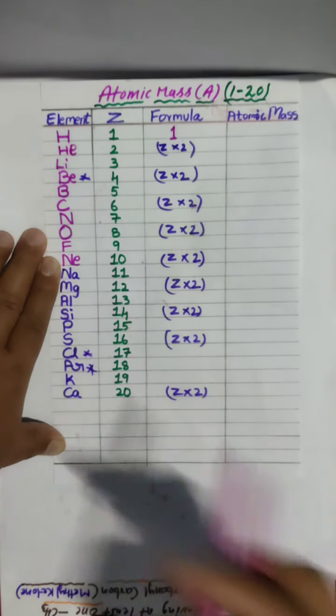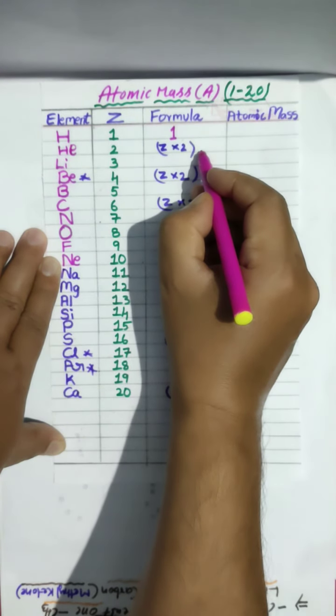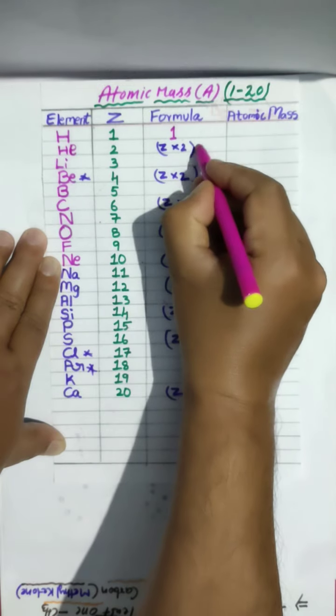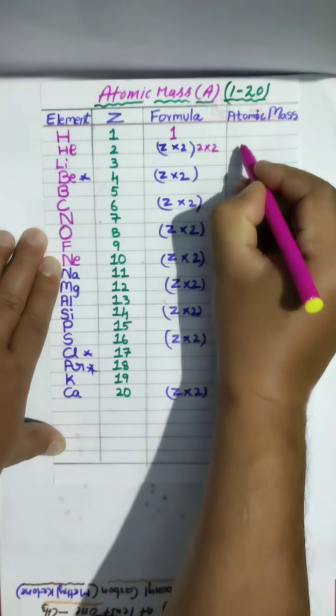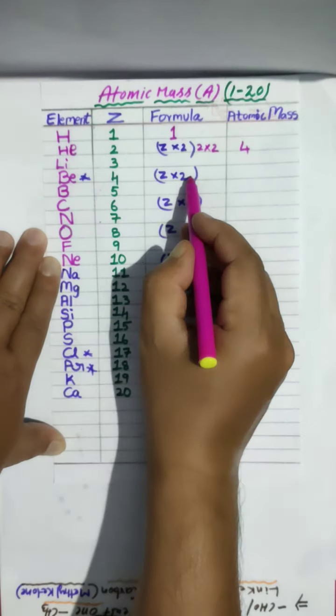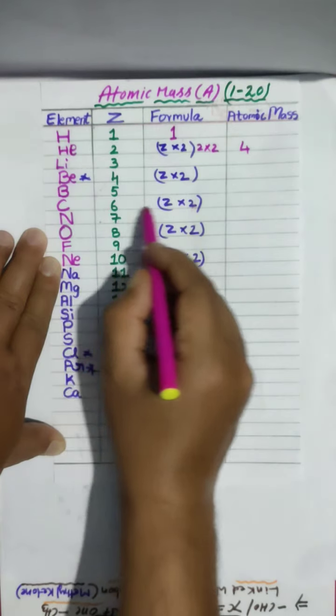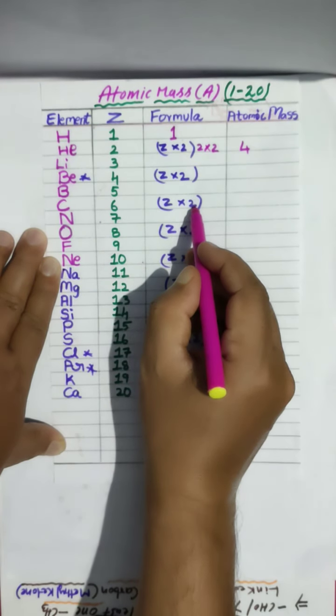Let me calculate. Helium, atomic number 2. 2 into 2, mass number is 4. Beryllium, exception case, later we'll discuss. Next, carbon, Z into 2.